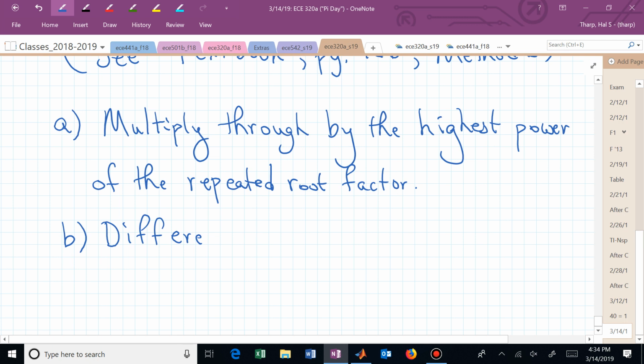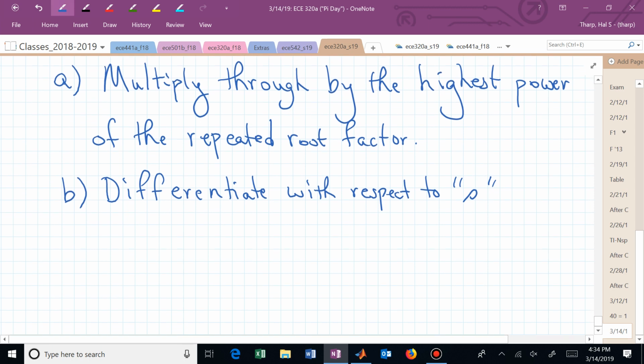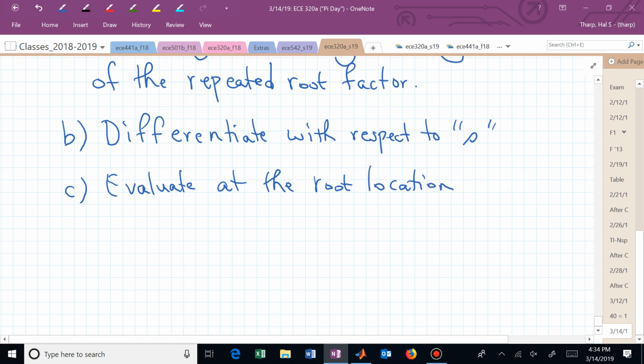So differentiate with respect to s. Once you've done that, then you evaluate the result at the root location. And then finally you solve for the unknown coefficient, which in our case is A sub 2.